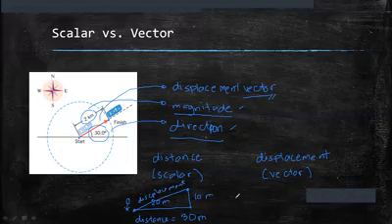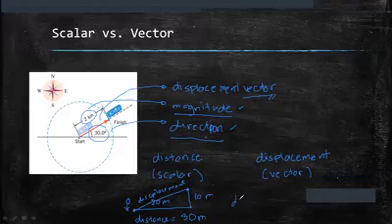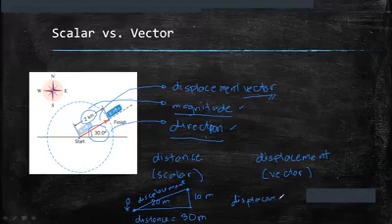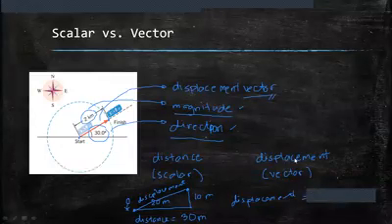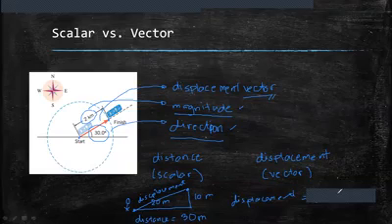And using the Pythagorean theorem, we can say that the displacement of Mario is 22.36 meters.